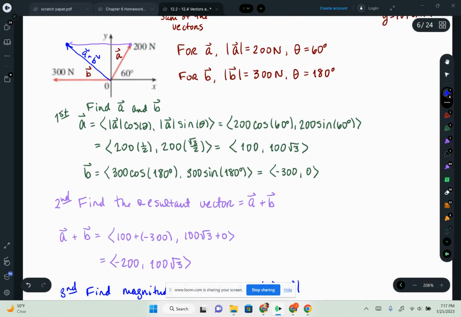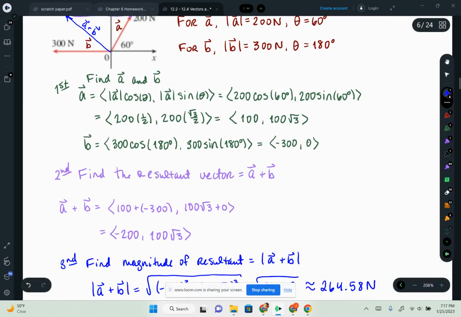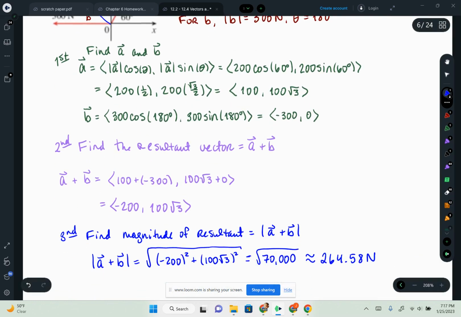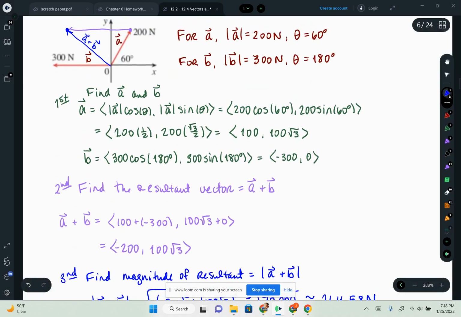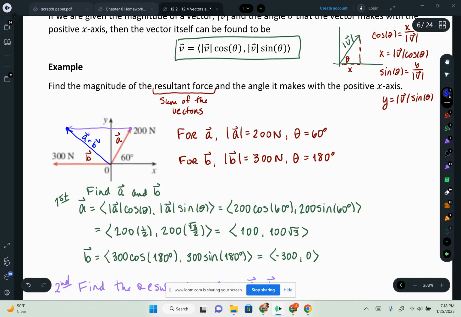B was 300 newtons, but it had a negative x component. A was 200 newtons and it had a positive x and a positive y. So it kind of makes sense that the magnitude of the resultant force would have a value somewhere between the values of A and B. All right, so that answers the first part.